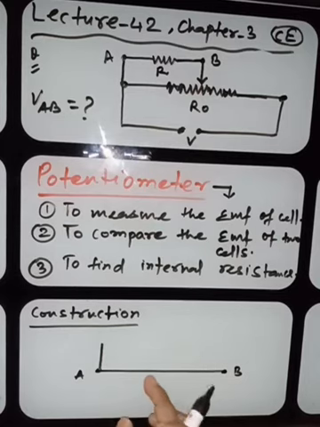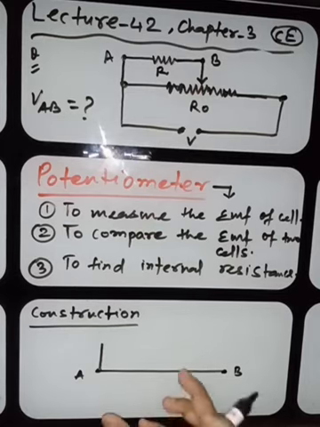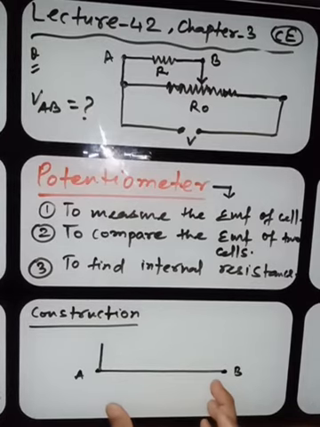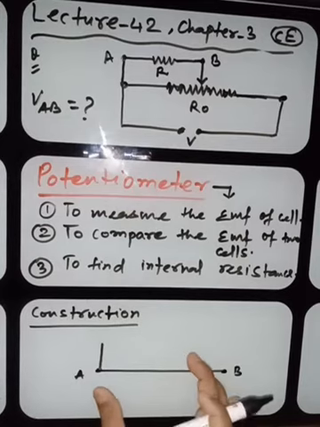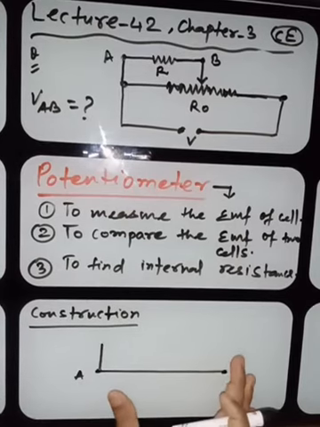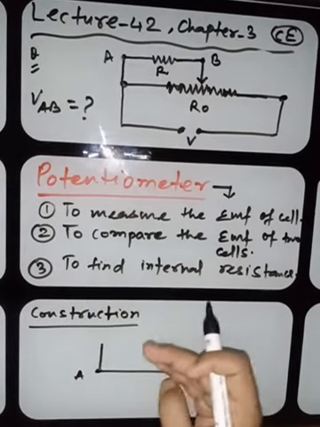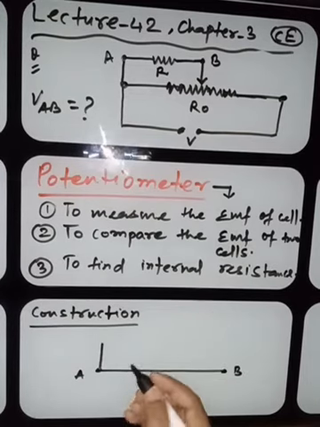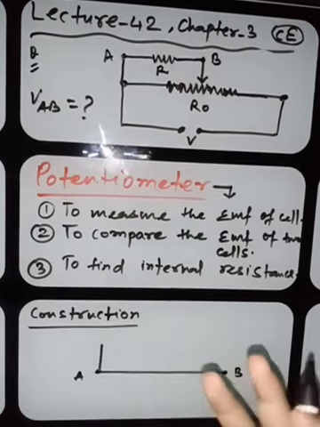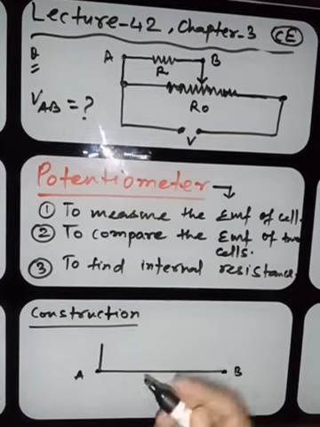Remember, in our lab we use a multiple wire potentiometer to increase the length of the potentiometer. We will study further. This length actually increases the sensitivity. The smallest potential can also be measured with the greater length of potentiometer.